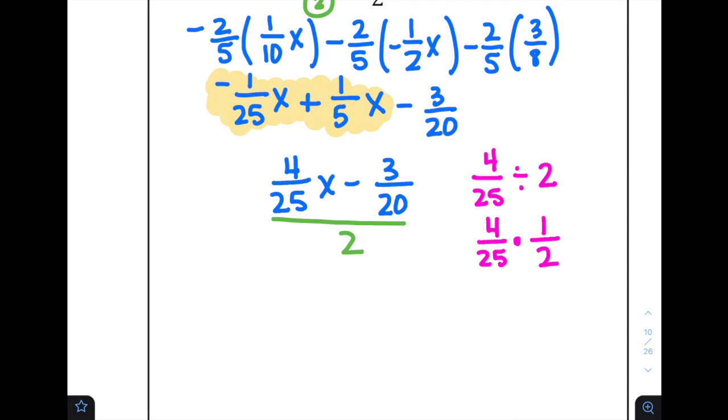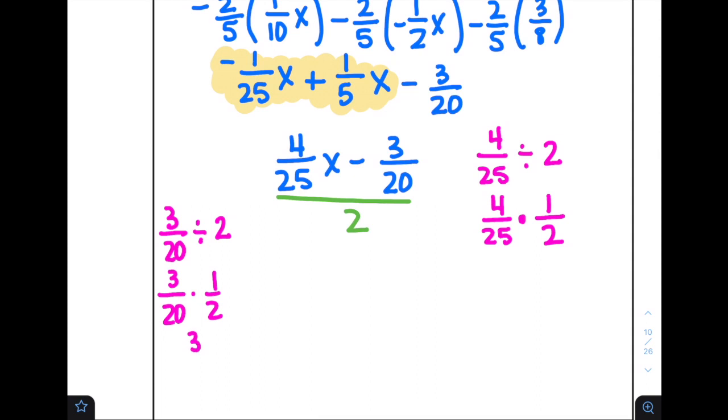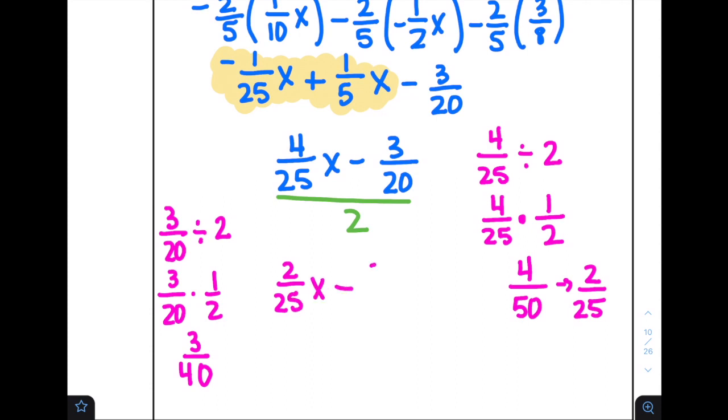And then we have on this side 3/20 divided by 2, which is 3/20 times 1/2. I'm going to get 3/40. I'm going to get here 4/50. I'm going to simplify. So here we have 2/25 x minus our 3/40. And that's what we're left with, our expression.